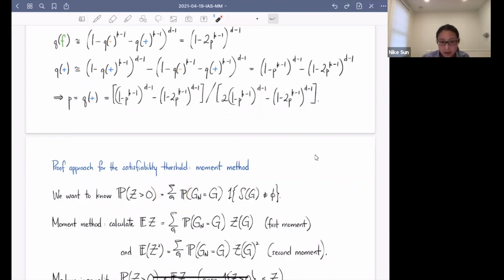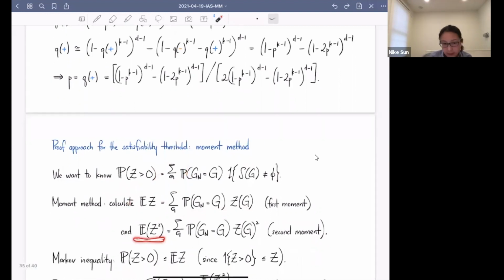The moment method is that you will calculate instead the expected number of solutions, which is the average over instances of the number of solutions, and the expected squared number of solutions. This is the second moment, so the average over the graphs of the squared number of solutions.